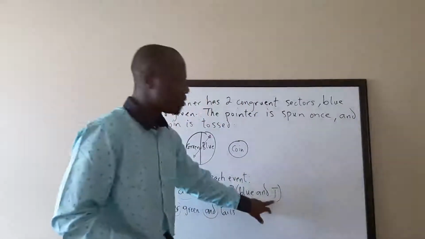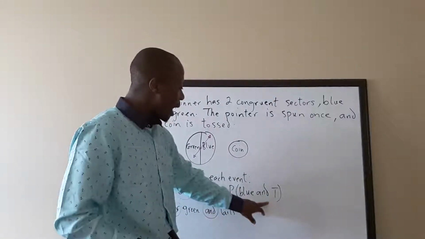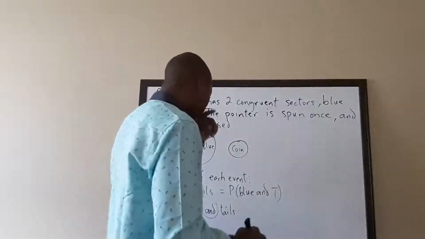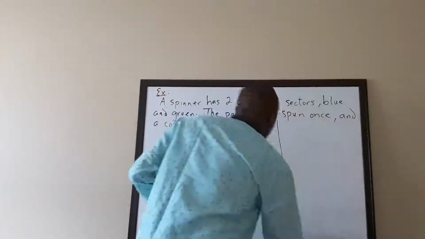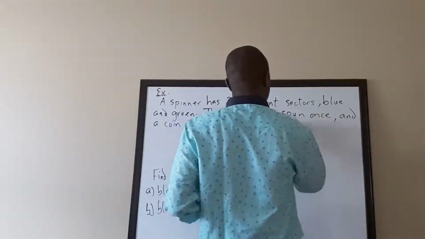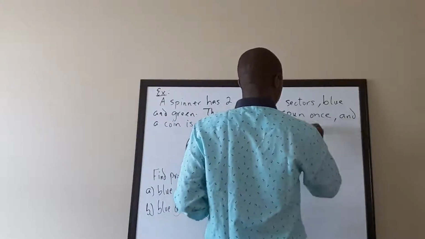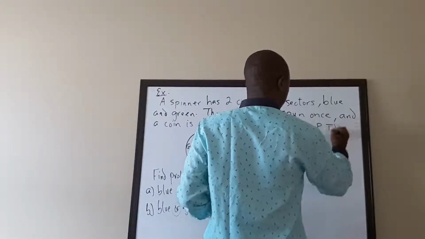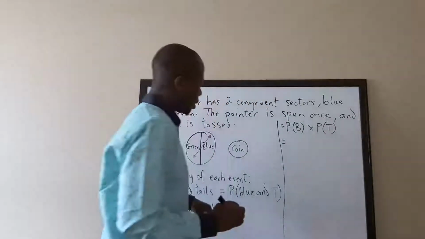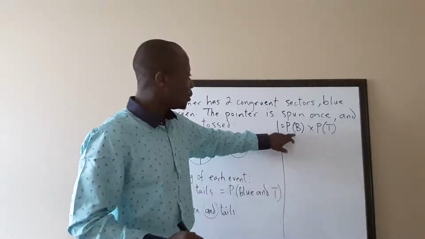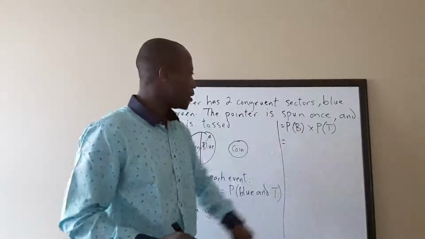I'm going to use T for tail. P of blue and tail. This is P of B times P of T. The probability of blue and the probability of tail.